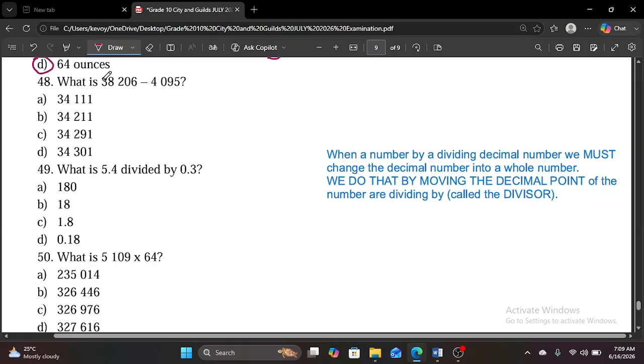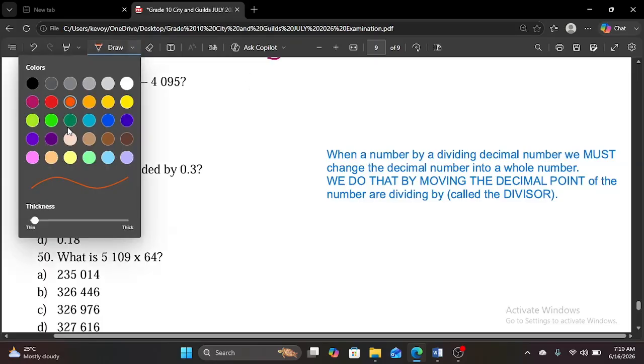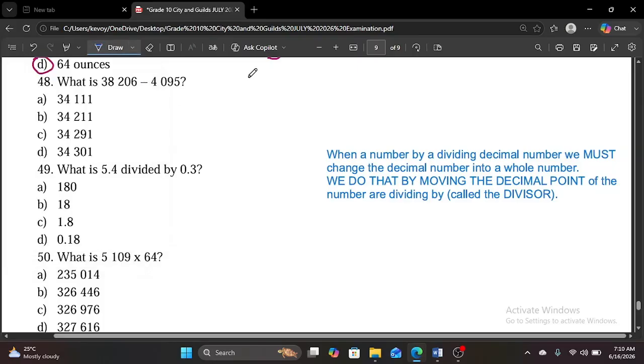What is 38,206 minus 4,095? So you're doing a subtraction right there. We want to ensure that all our digits are lined up properly.